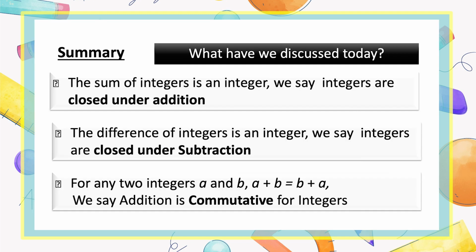So, in today's session, let us summarize what we have discussed today. The sum of integers is an integer, or integers are closed under addition. The difference of integers is an integer, or integers are closed under subtraction. For any two integers a and b, a + b is equal to b + a, or addition is commutative for integers.